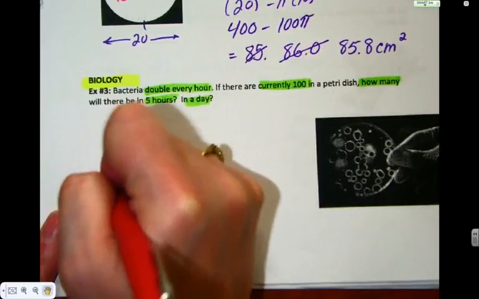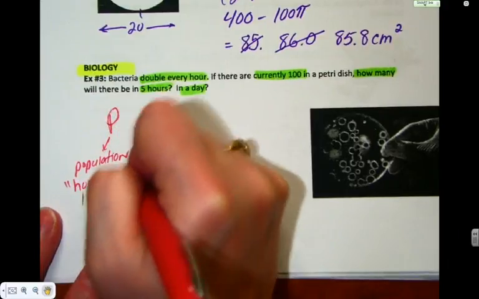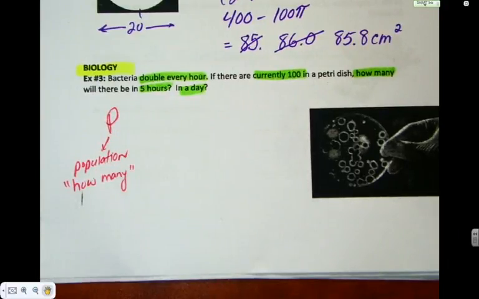So the general formula starts with a P on the left-hand side, and P just stands for population. So that's going to answer our how many. It could be bacteria, it could be groundhogs in the zoo, it could be anything that's multiplying.